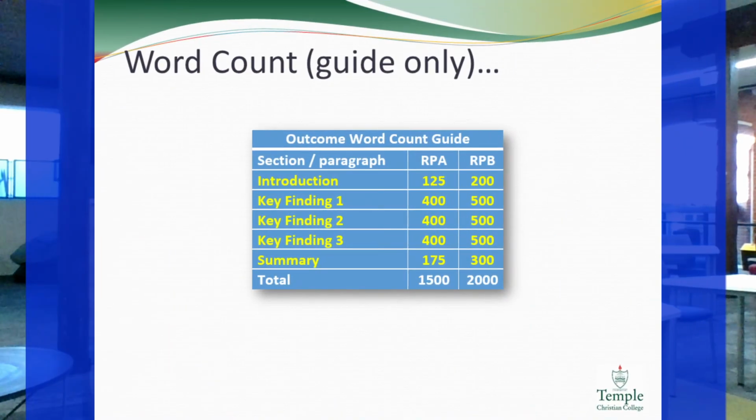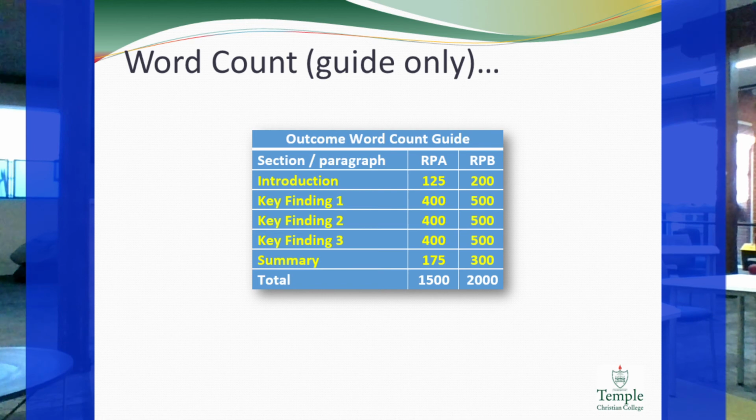Word count guide for the different sections. If you're doing RPB, I recommend you do a 200-word intro, roughly 500 words for each of your key findings and 300 words for your summary, and a little bit less for RPA. They're not strict. The total is strict.